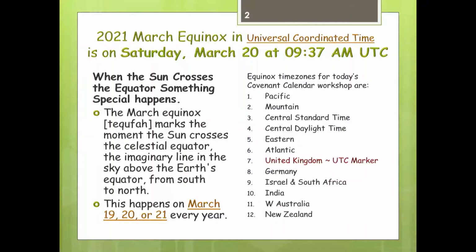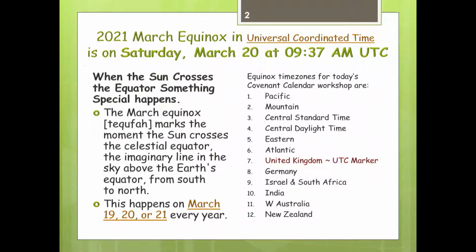Some are saying that if sunrise is at 6:15 in the morning, sunset is at 6:15 at night. We've done a teaching on that already. Equilux is usually around March the 17th. That is not the same as equinox, and equilux doesn't have anything to do with Yah's covenant calendar.